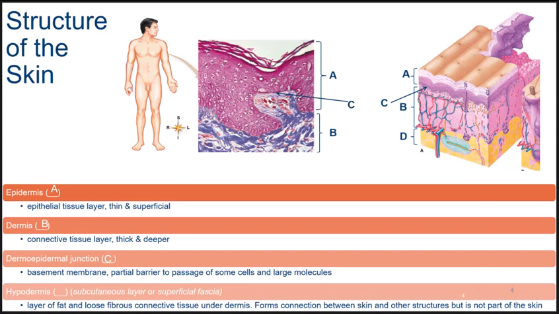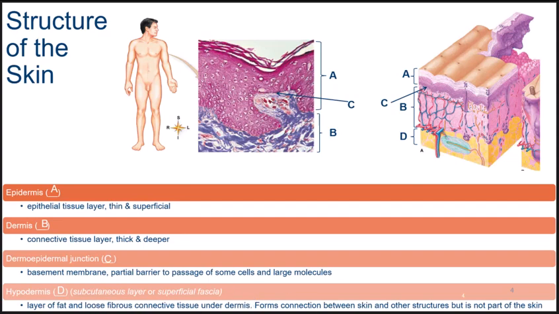The hypodermis, which is also known as the subcutaneous layer or the superficial fascia, is found beneath the dermis. Hypo means below or lower than, and sub also means below, if that helps you remember where they're located. This layer is not considered a primary layer of skin, and it's made up of a layer of fat or adipose tissue.